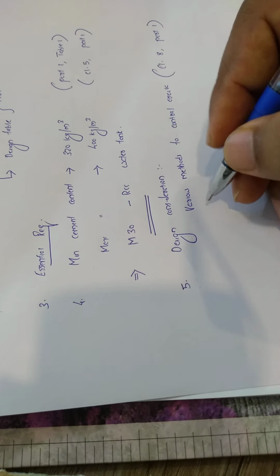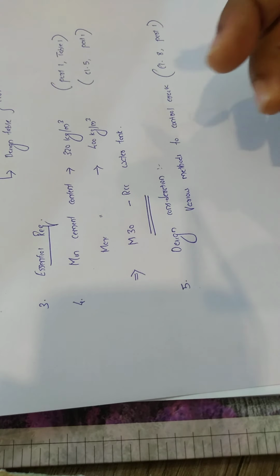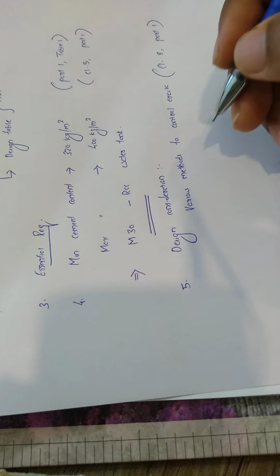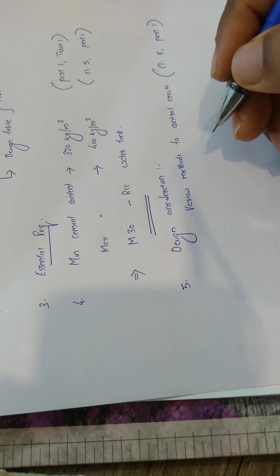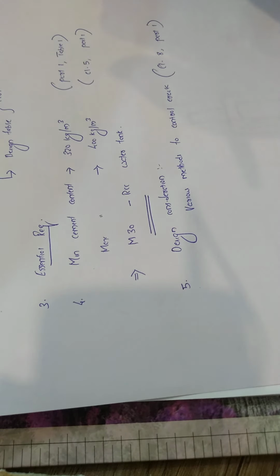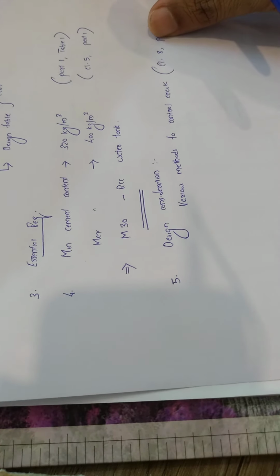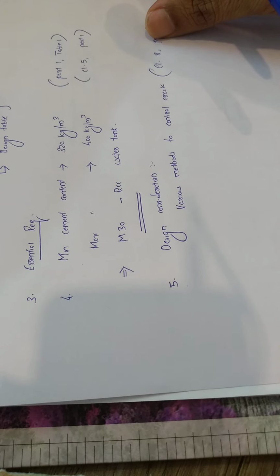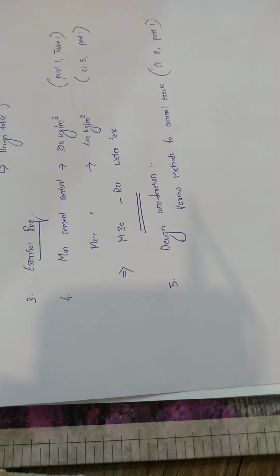The code also specifies the minimum curing period for water tanks as 14 days as per clause 8.2.4, and the rate of filling these water tanks shall be about 1 meter height per 24 hours, as given in clause 8.2.9.